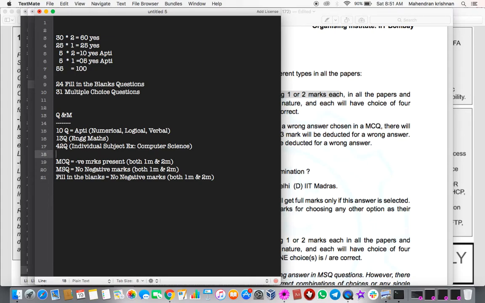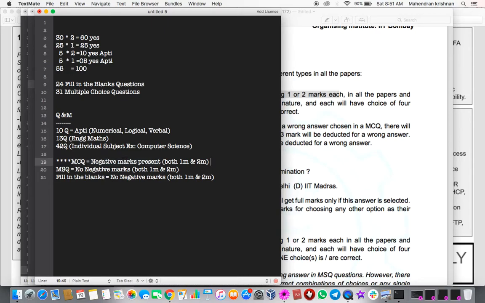Negative marks, so I'll put a star. Negative marks is there, so we must be careful in answering these questions. How much negative marks?